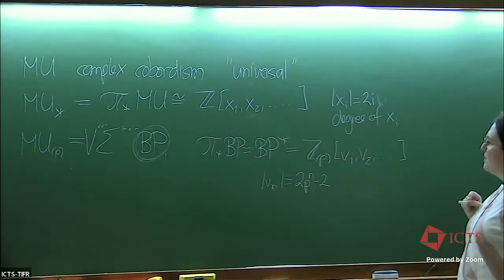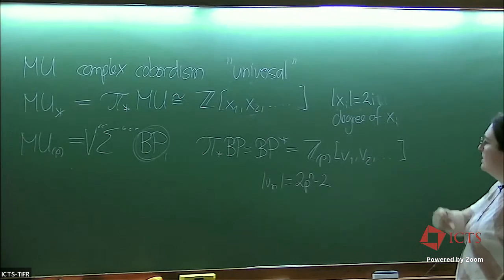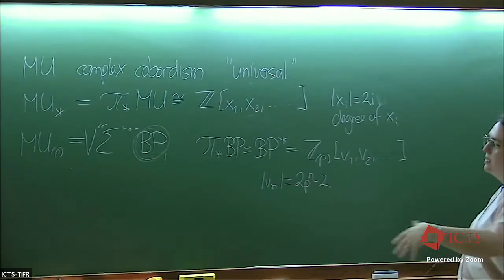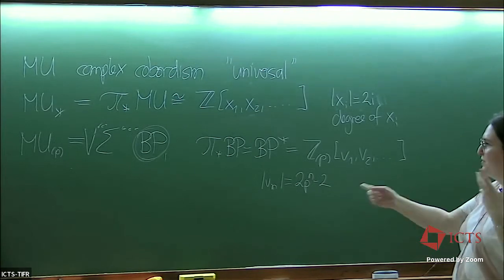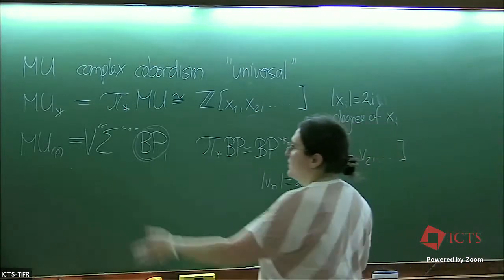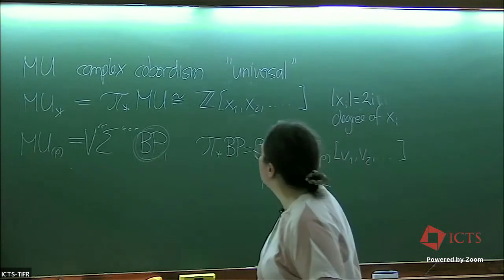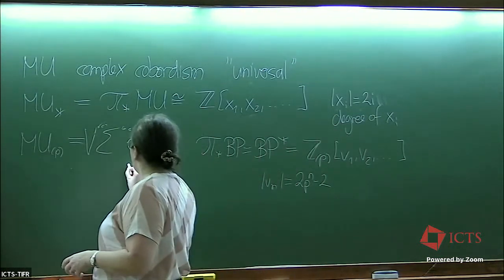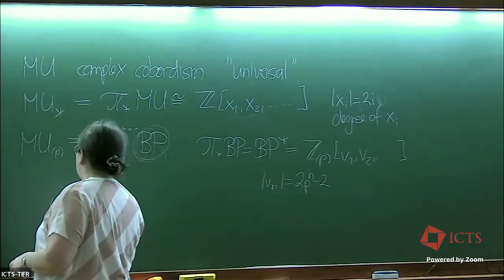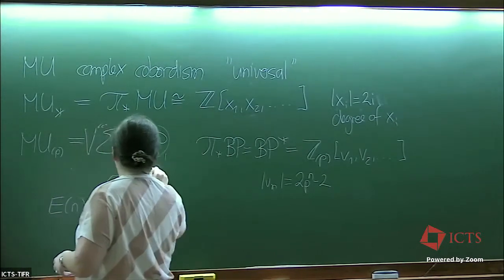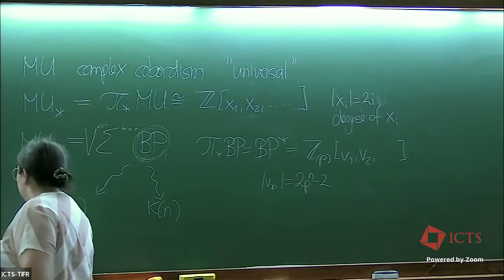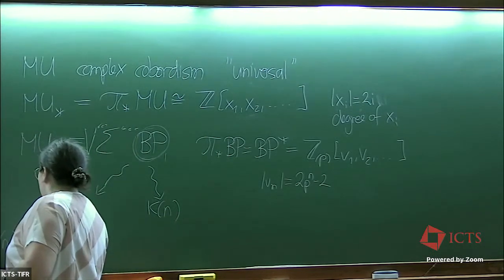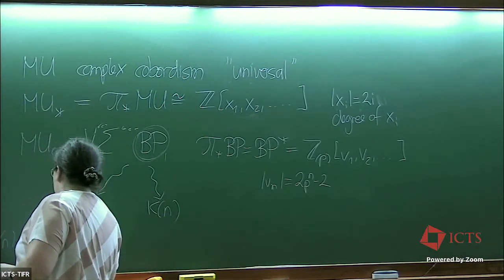And from this BP, one can then apply cofiber sequences and telescopes and all kinds of constructions to get to homology theories, En and Kn, and the coefficient ring of En was at least a little bit smaller.